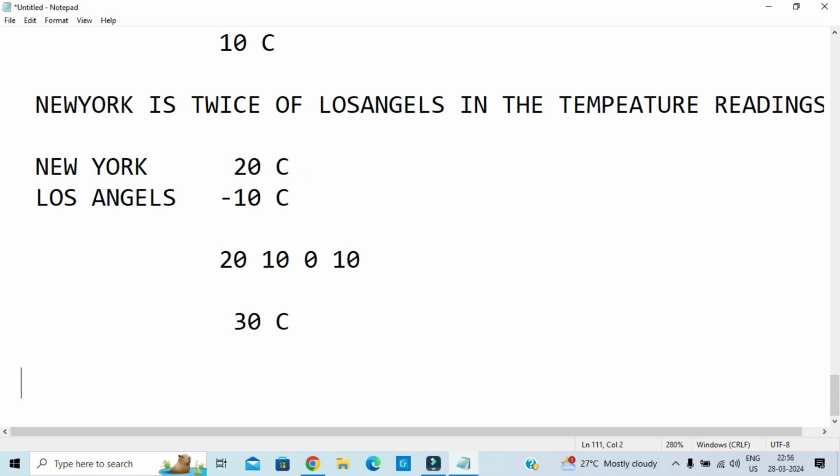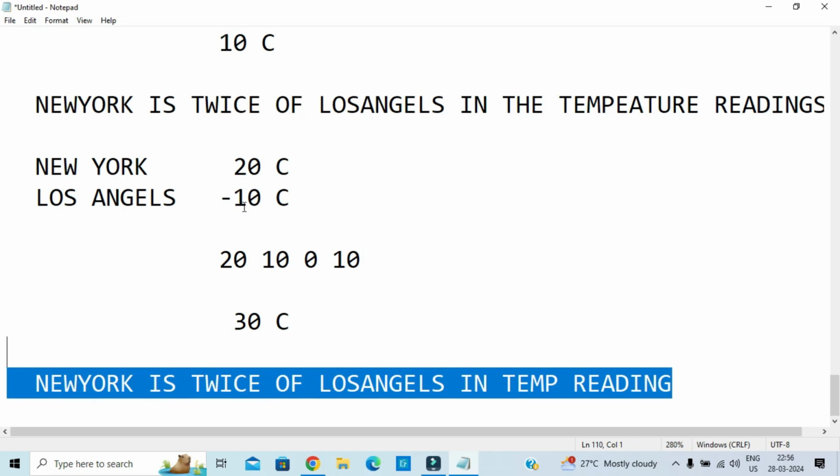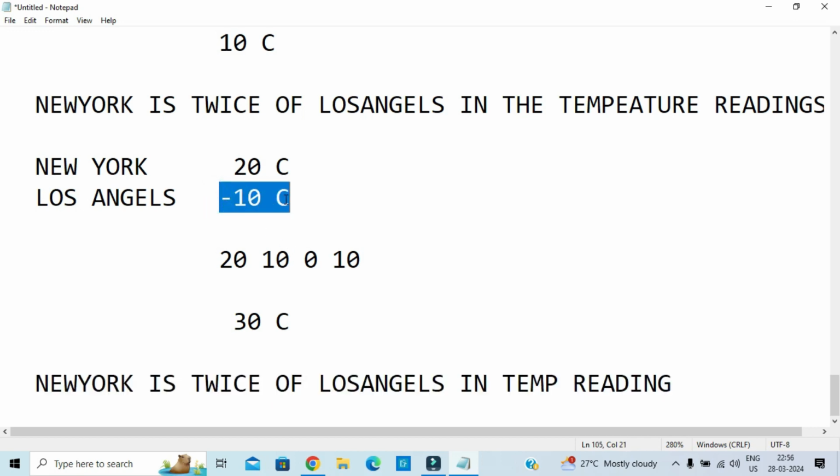So you can't say New York is twice of Los Angeles in temperature readings, because Los Angeles temperature is minus 10.